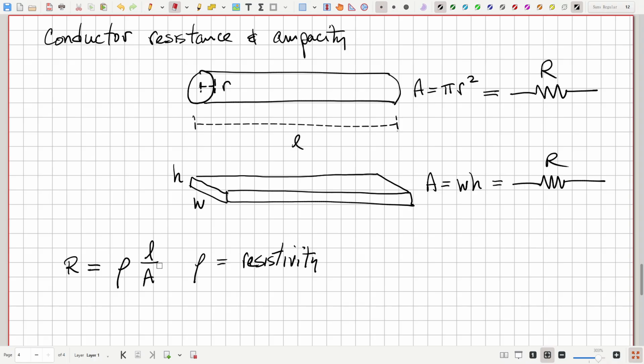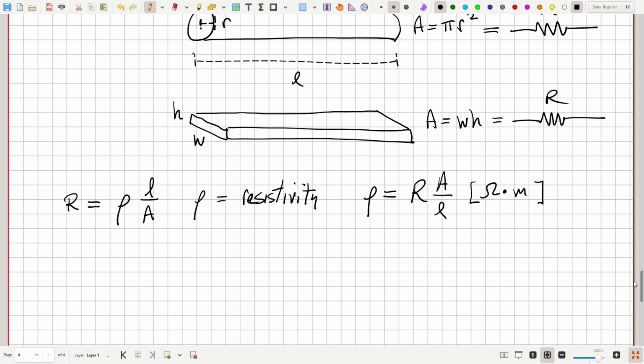Well, we could take this formula, make a wire with a known cross-sectional area and length, and then solve for the resistivity. After you measure the resistance, you would find resistivity is resistance times cross-sectional area over length. And what would the units of that be? R has units of ohms, area is meters squared and length is meters, so the units would be ohm meters.